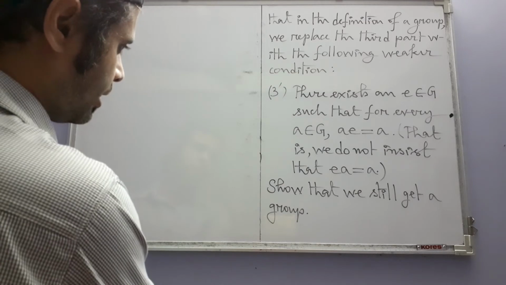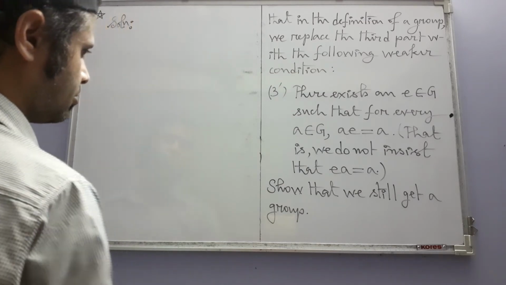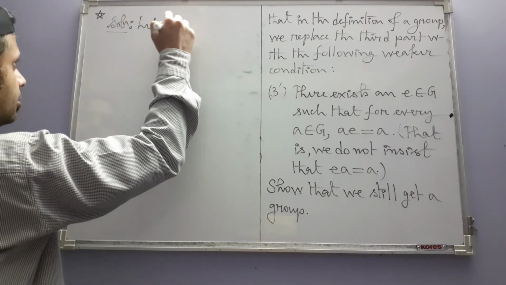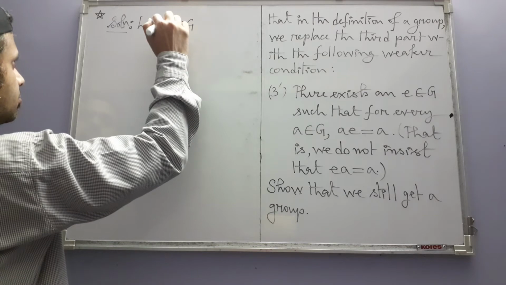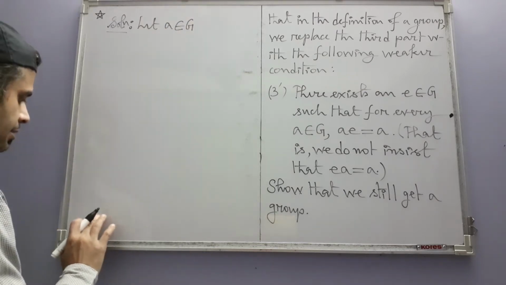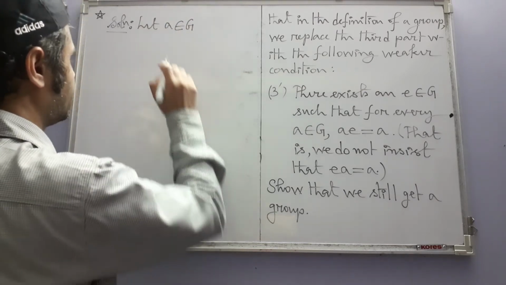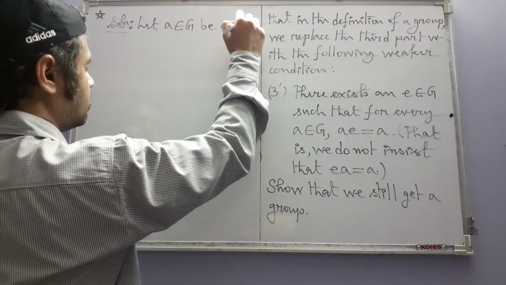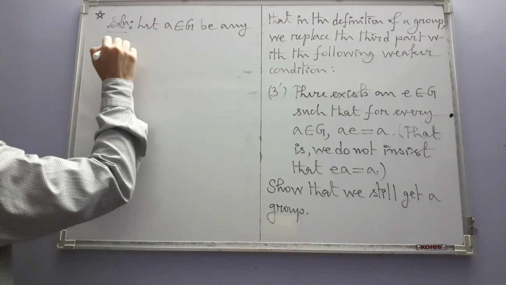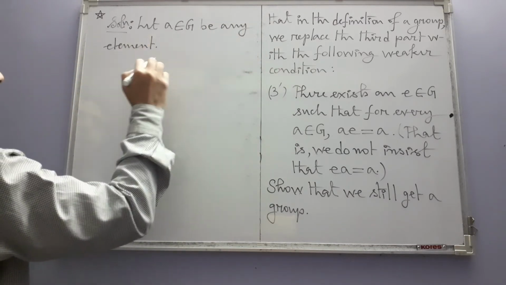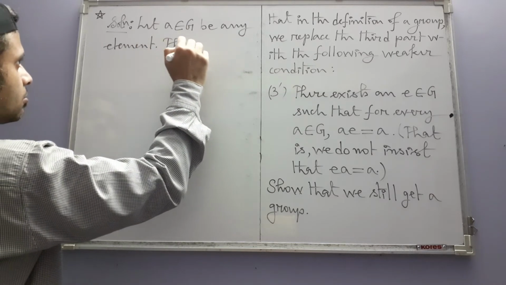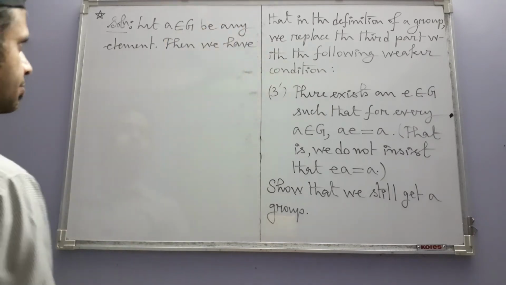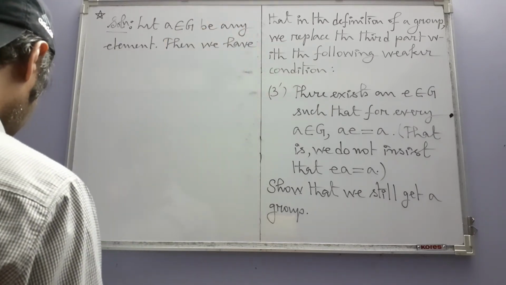So we need to show that EA is also equal to A. So let A be any element in G. To emphasize the arbitrary nature of A, you can also write: let A belonging to G be any element. Then we need to figure out what EA is.